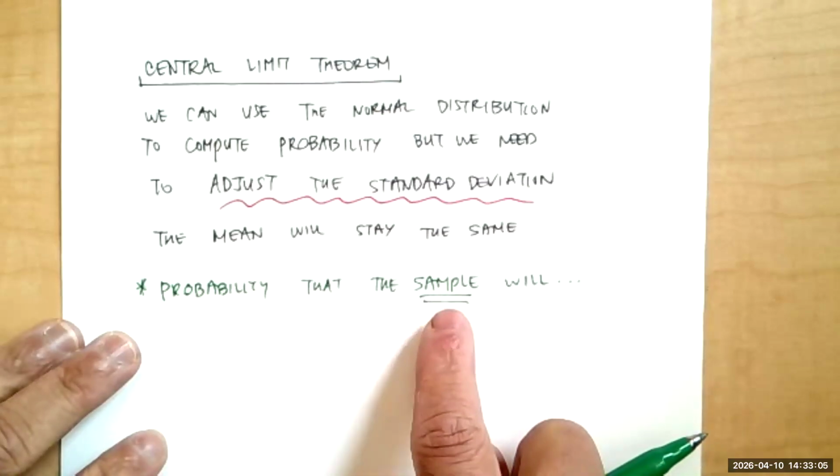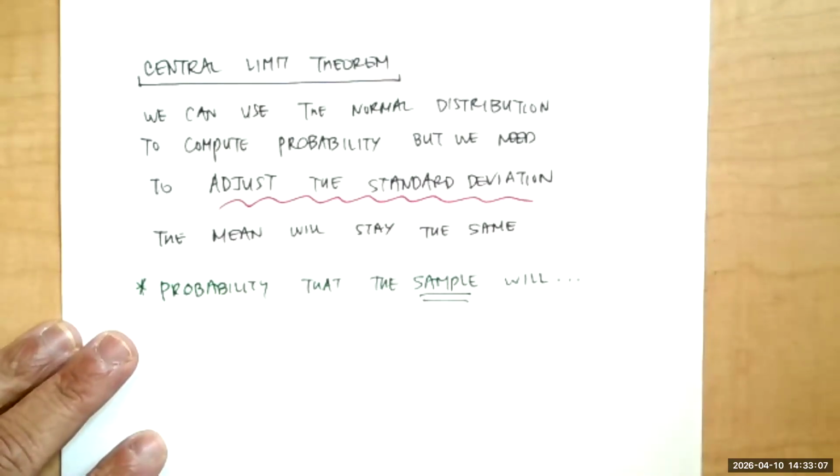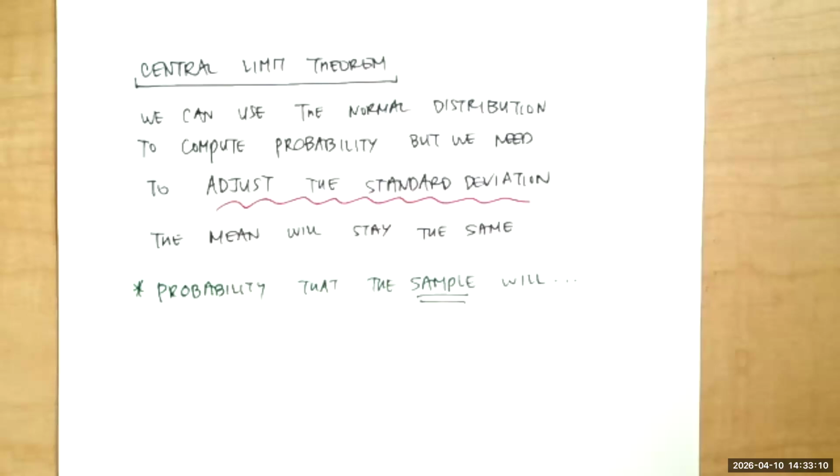So we're looking for this key detail that we're talking about a sample instead of just an individual. We'll talk about that with some of our example problems in a moment.